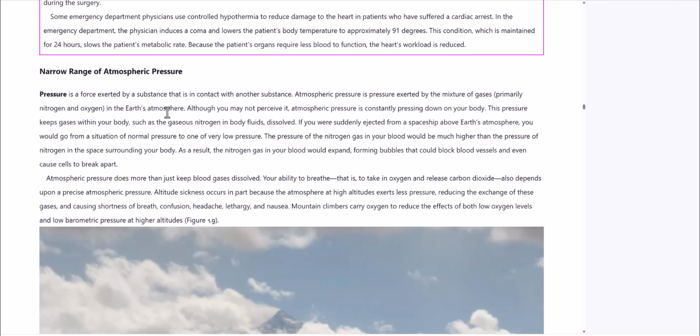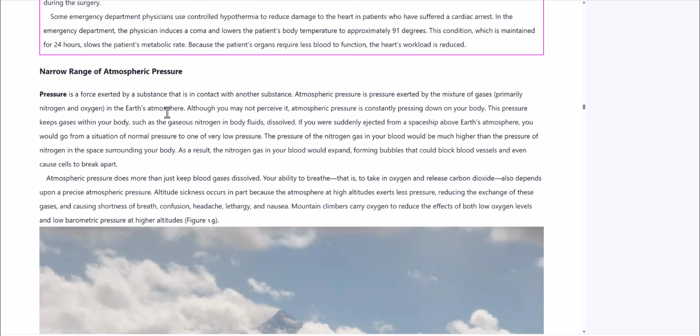atmospheric pressure. Everywhere on the planet where we can live, we have about 20% oxygen, but we also have atmospheric pressure. That atmospheric pressure is necessary to push the air into our lungs.